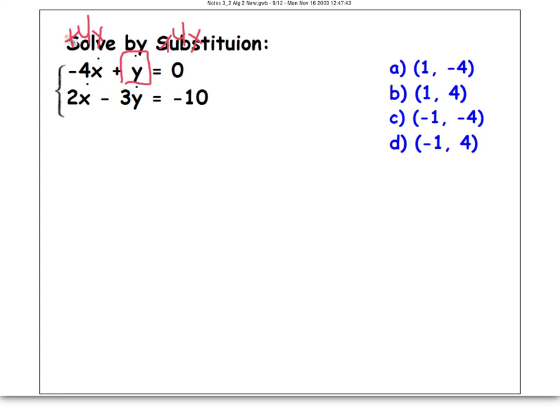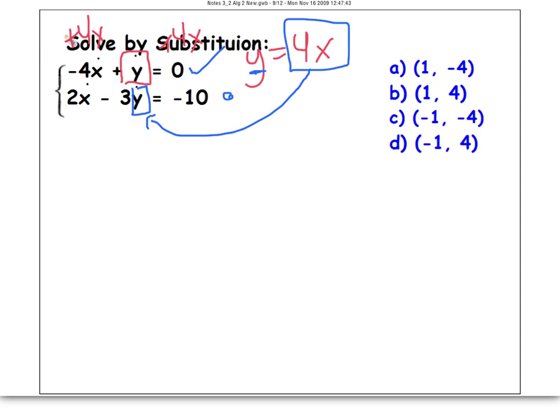If you do that, you're going to get y equals 4x. Okay, so I know that y equals this entire piece, and I used the first equation. So I must go to the second equation and find the y, which is right here. I take out that y and put this new value of 4x in its place.